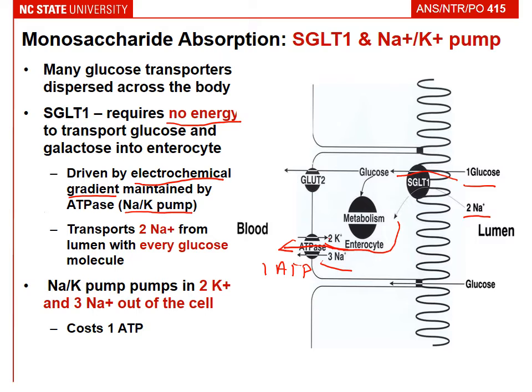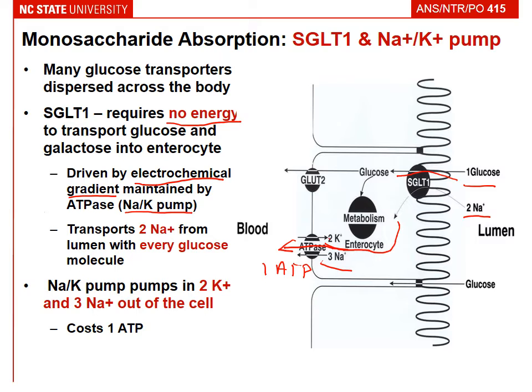We end up bringing in 2 potassiums, and we use 1 ATP. So indirectly, the absorption of glucose through SGLT1 is utilizing energy.